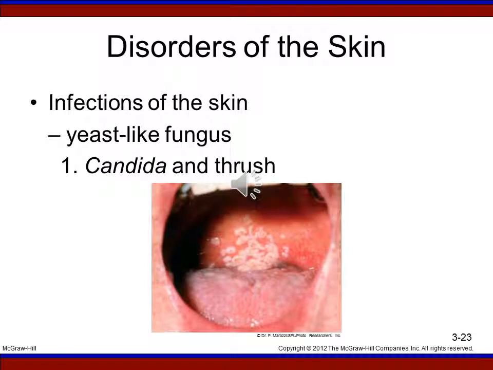Here is a yeast-like fungus called Candida and thrush. Let me ask you a question. Can Candida cause recurrent infection? It sure can. Thrush is commonly seen in infants who are bottle-fed, as well as in patients receiving chemotherapy. Thrush is characterized by white hair-like growths on the tongue and palate.